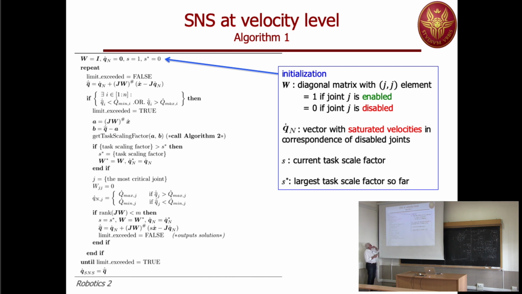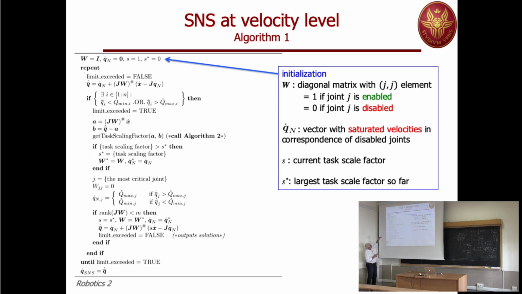So initially, the current task scale factor is 1, so we would like to make the original task. And the largest task scale factor computed so far is 0, which means that we will try to increase this from 0 to 1. When we are able to bring it up to 1, then we will realize the original task completely. If not, we exit the loop of this algorithm with the best possible scaling.